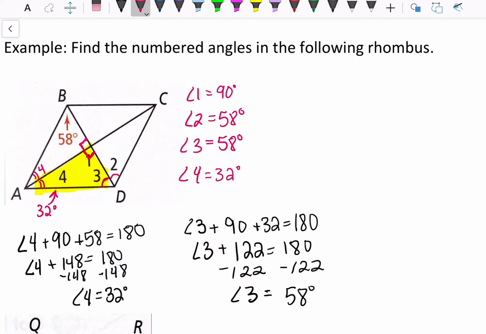And I want to point something out. If we look at this as a parallelogram, we know that these two lines are parallel. And this is kind of like our transversal.